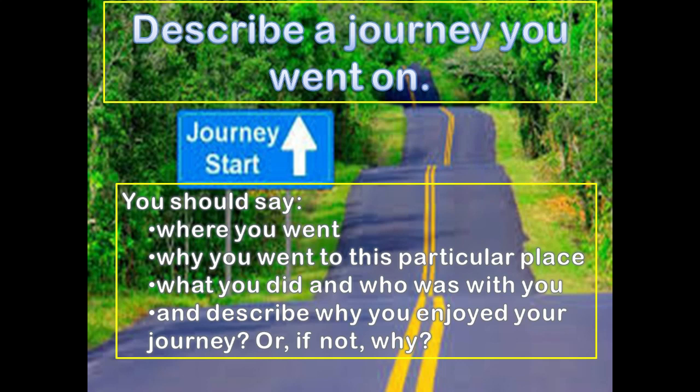What you did and who was with you. In this bullet point, describe what you did, why you went there, what was the purpose, and who accompanied you. And describe, did you enjoy this trip? If not, describe why you did not enjoy it.